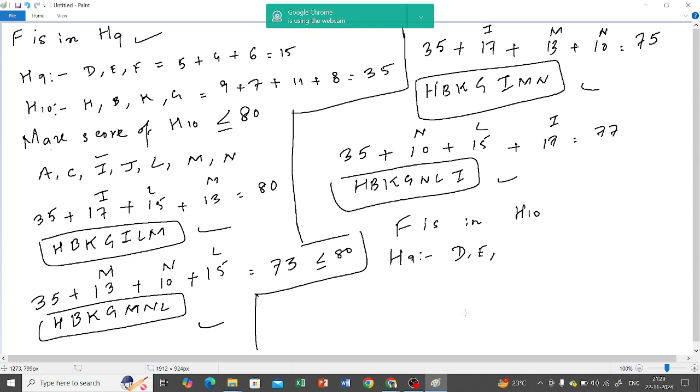Now since F is in H10, so H and B will be in H9. Did you understand why I put HB in H9? Because it was given that HB should not be in the team in which F is there. So since F is in H10, HB is in H9.